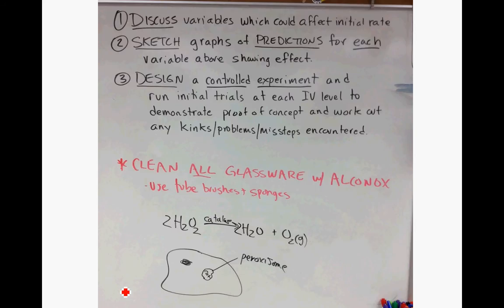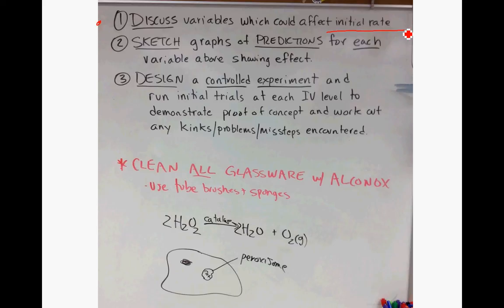So the first thing here, this is what was on the board to the right again. What we were having you do in class with your groups was first, generate a list of those variables that could be affecting the initial rates of the reaction, and looking at the background and introduction stuff, you guys should come up with a list of that.